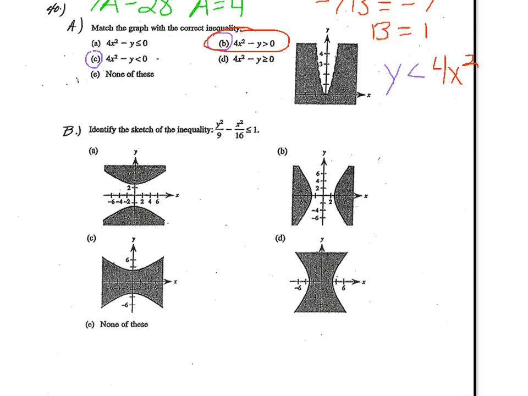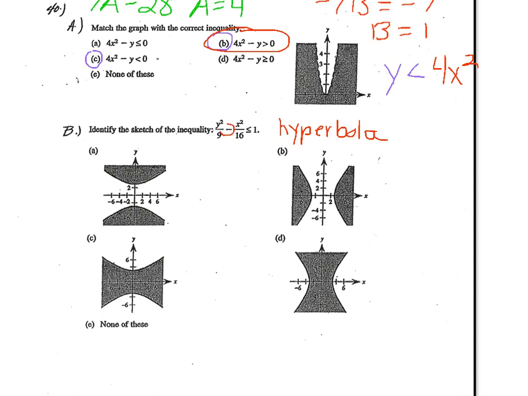For part B, we want to identify the inequality of y squared over 9 minus x squared over 16 is less than or equal to 1. So we know that we are definitely dealing with a hyperbola because we have a minus sign in between.